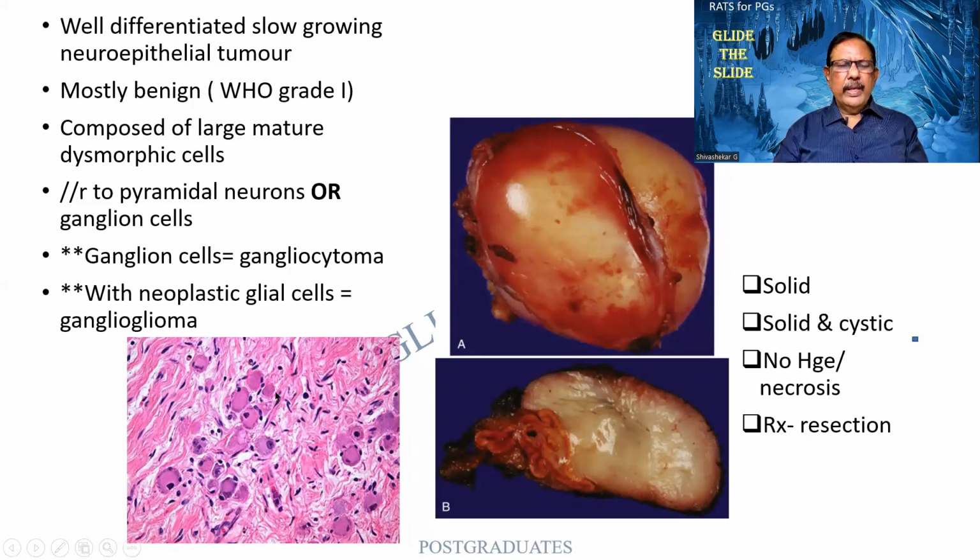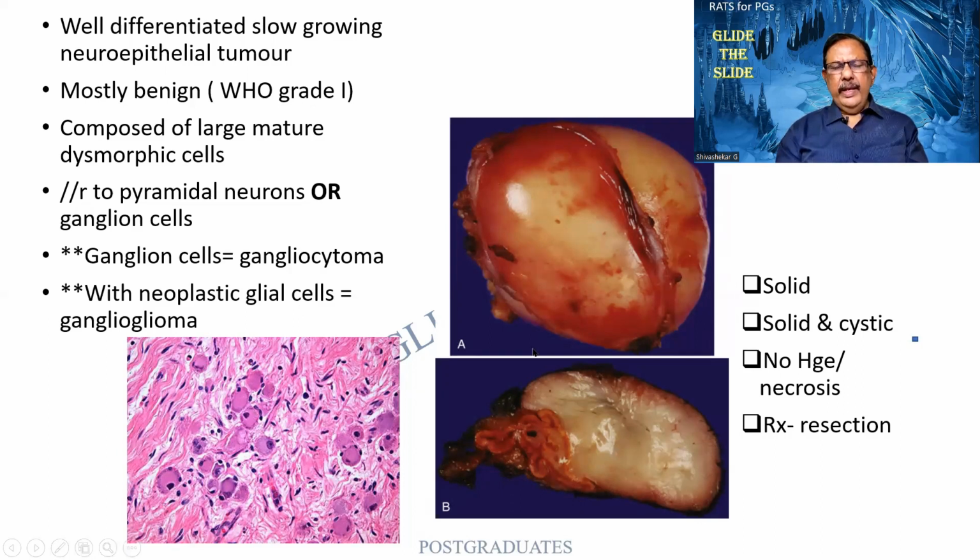Usually they are all well separated, well spaced. But here there is a crowding. And the neurons also are haphazard. So when this is present, it is a gangliocytoma. And along with the glial cells, it can be called a ganglioglioma. Grossly, I find that it is a well circumscribed tumor.